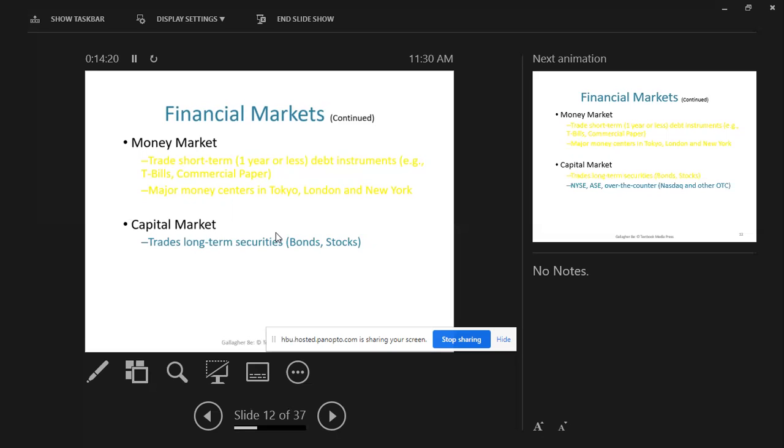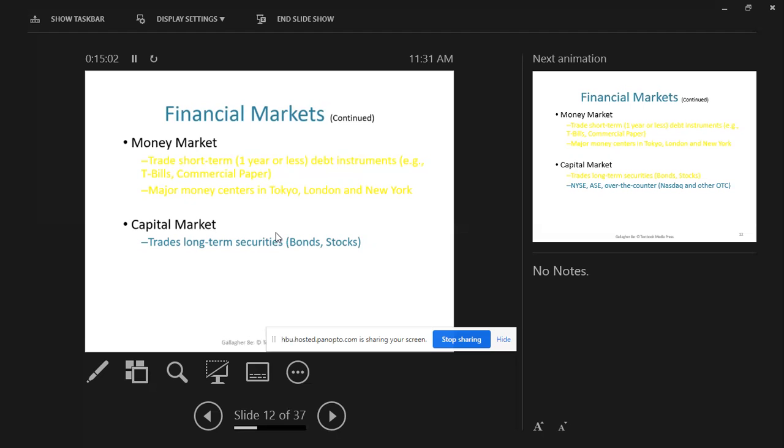There is also something derived from the capital market, called derivatives. Derivatives are derived from bonds, stocks, foreign exchange or other underlying securities, and the derivatives market is also considered part of the capital market. So the capital market in general is much broader and much bigger.